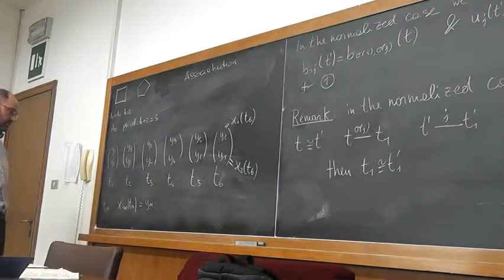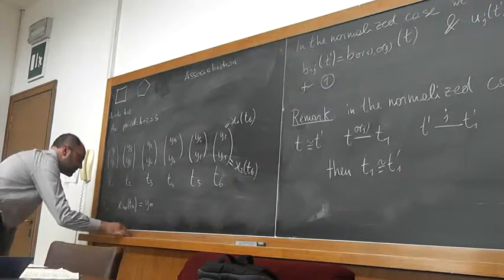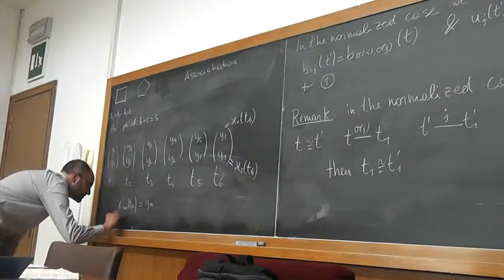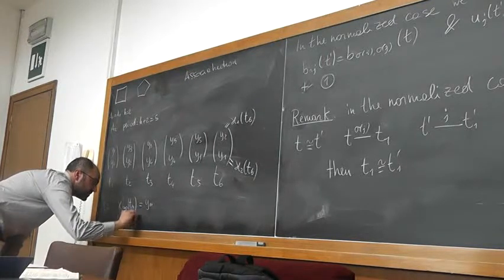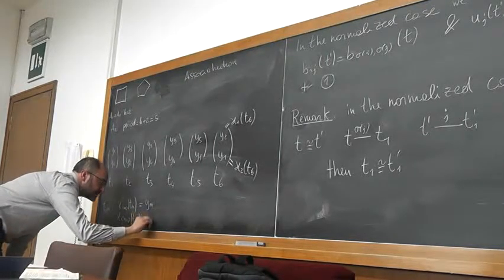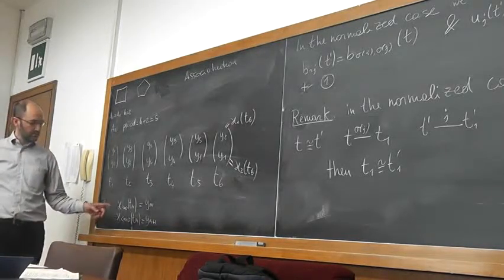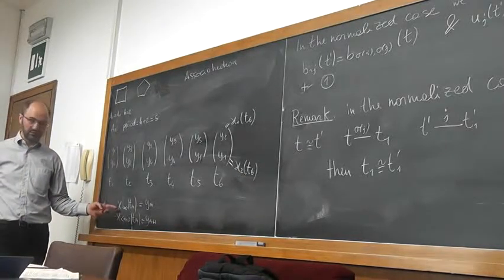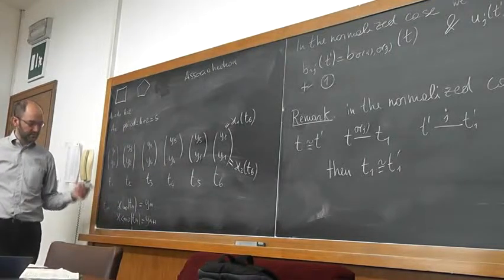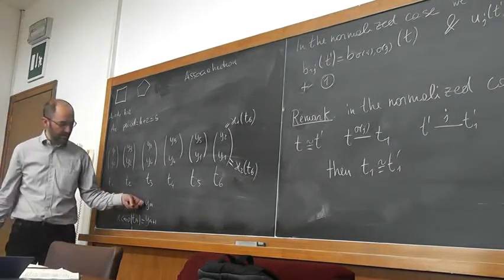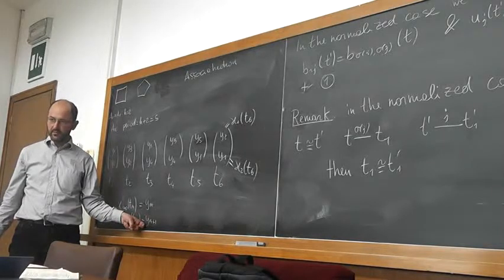So the two variables associated to Tm were ym and ym plus 1.